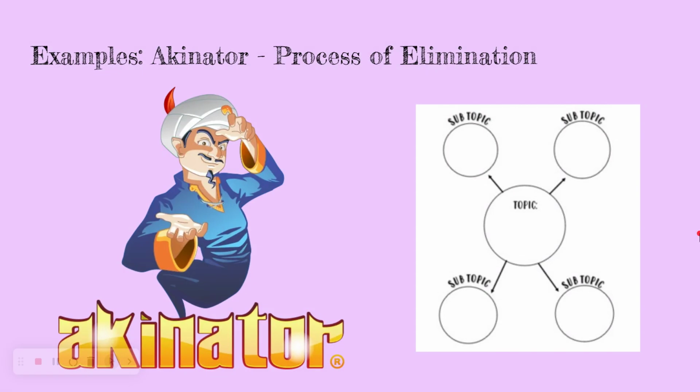Another fun example, it's still the same idea of proximity, but more conceptually. If you've never played Akinator, I highly encourage you to do so. It's a great guessing game in which this genie guy tries to figure out whatever you're thinking, and he'll ask you questions, right? Like, is your character a boy or a girl, fiction, nonfiction, something like that. And through this process of elimination, he's going to get more and more precise with his questions and will eliminate entire topics.